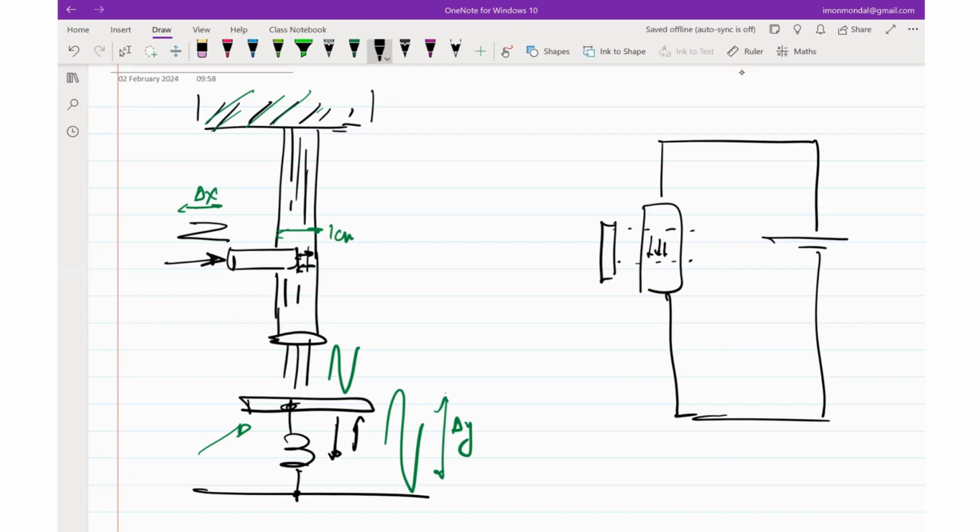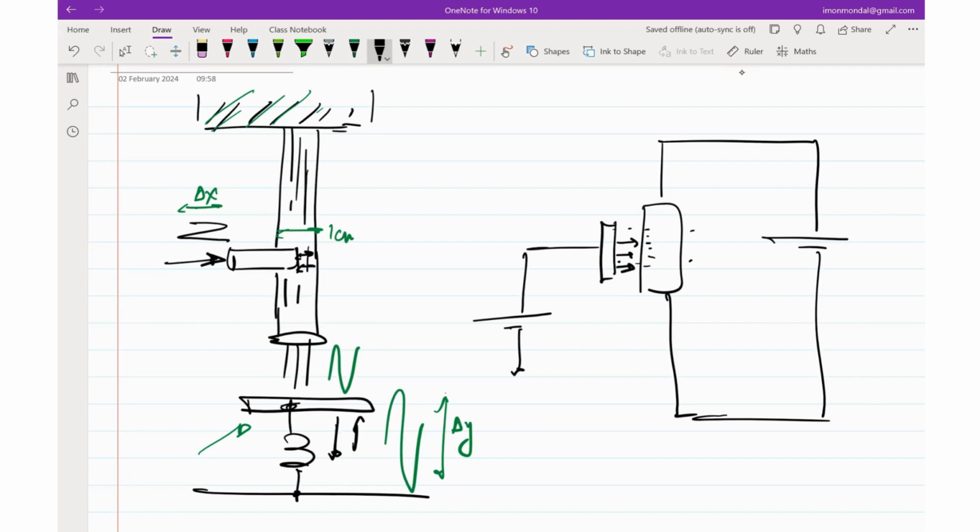So if you add a separate voltage source here, then these electric lines of force can change the charges here. Depending upon how much voltage difference you have applied, the amount of charge that will accrue on the capacitor plate can also change.